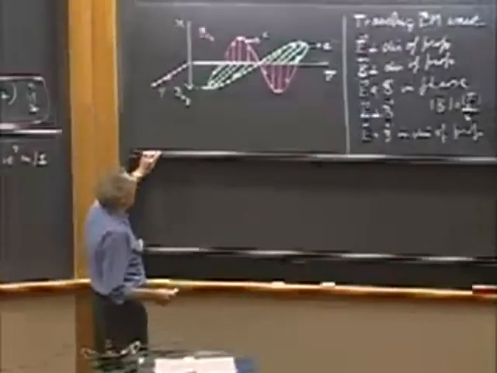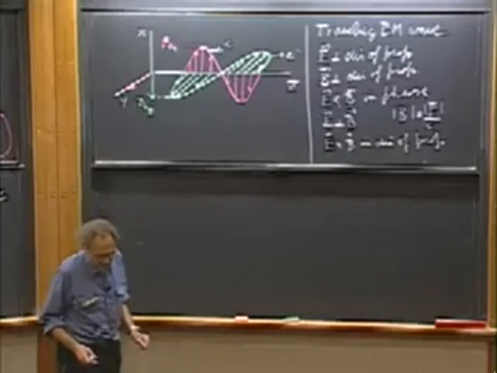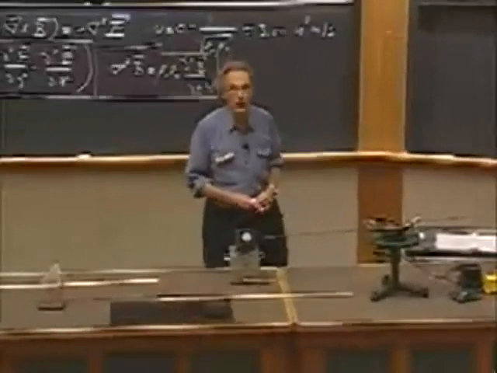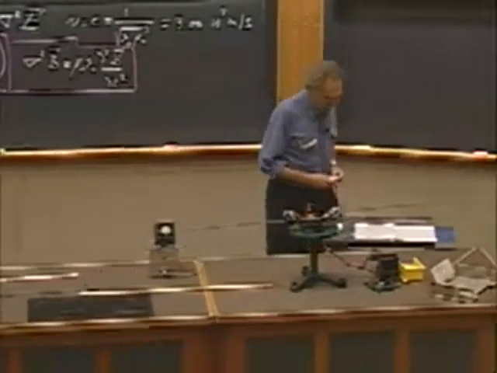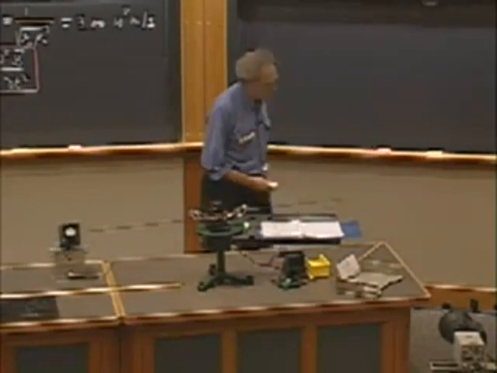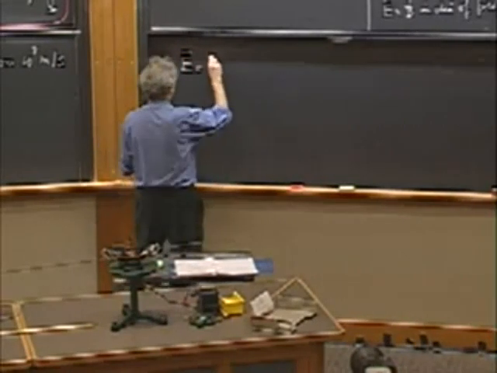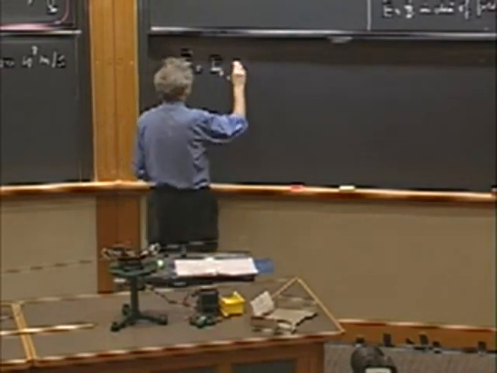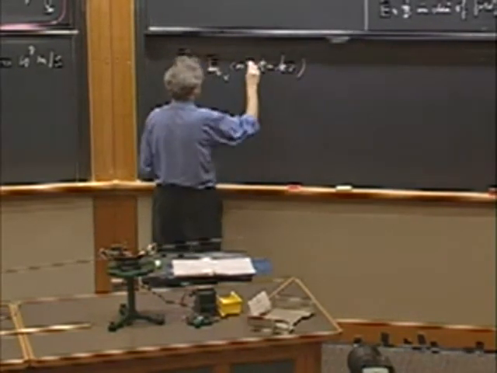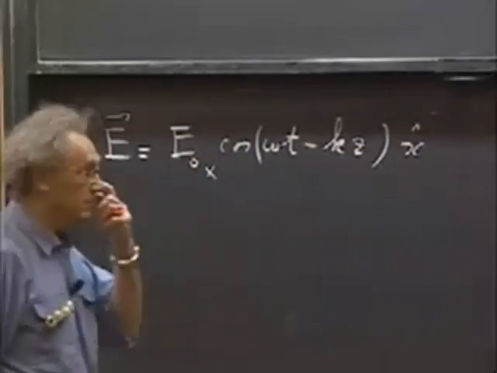So therefore, I can now write a somewhat more complicated form for a traveling wave, in which I give it both a component in the x direction as well as a component in the y direction, and I can even change the phase between the two. In other words, the following E vector is perfectly kosher: E0x times the cosine of omega t minus kz, that would then be in the x direction.